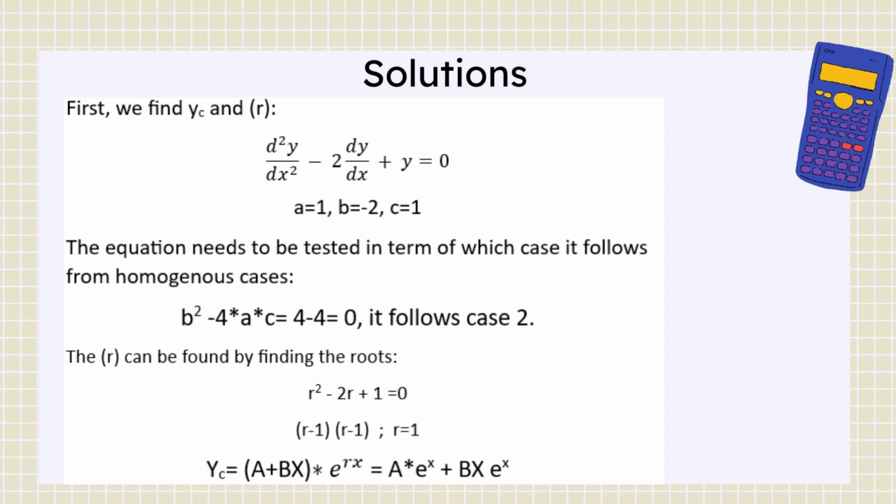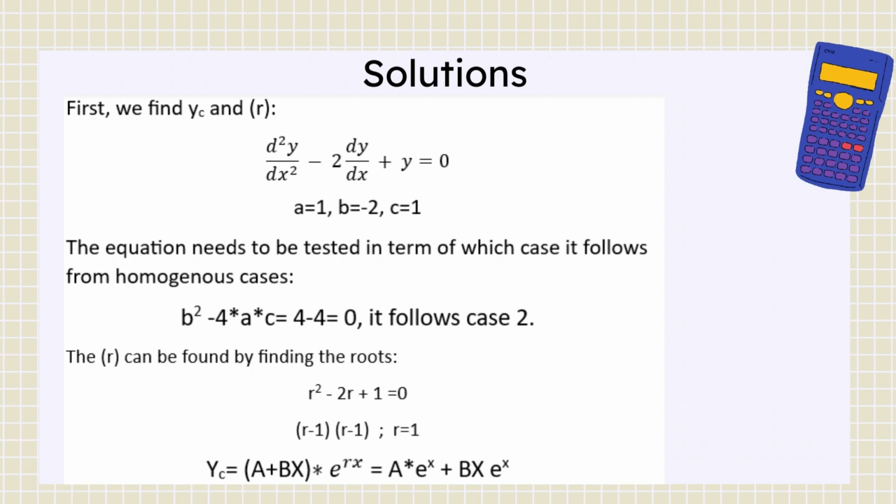If b squared minus 4ac equals 0, it follows case number 2. If it is more than 0, it follows case number 1, and if it is less, it follows case number 3. So here we have already determined the case. We next go to find the value of r.